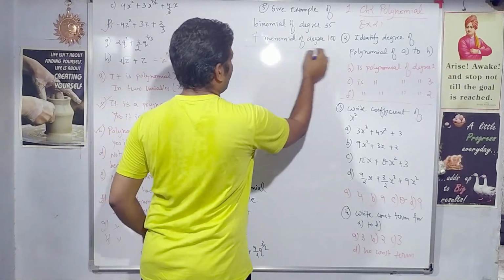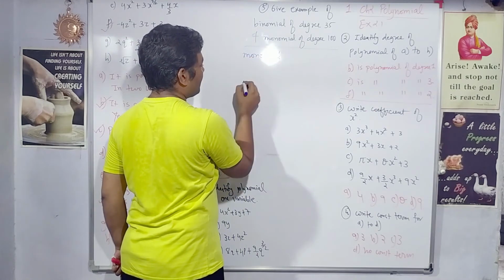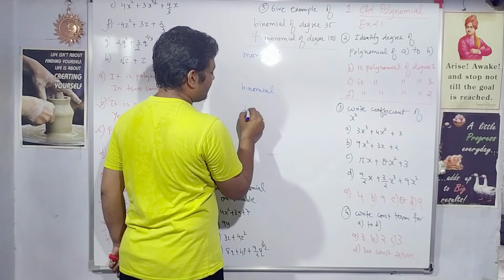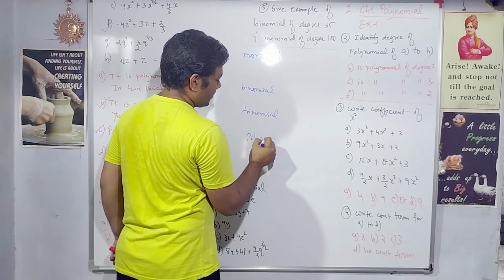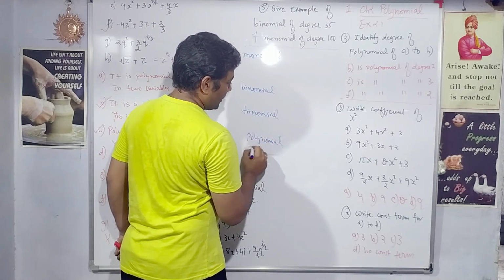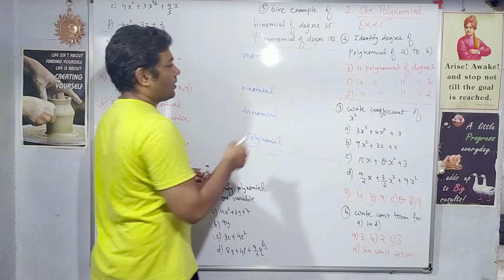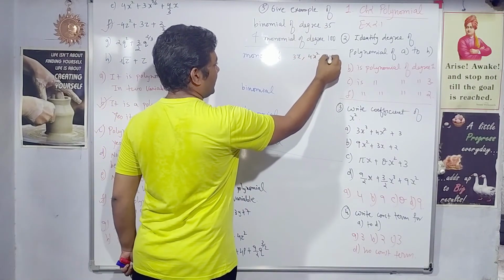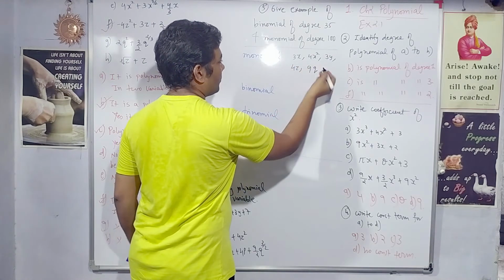What do we mean by monomial, binomial and trinomial? So monomial means what? Binomial means what? Then we have trinomial and then we have polynomial. So here let us take an example. Monomial means only one term: 3x, 4x square, 3y, 4z, 9q, right?